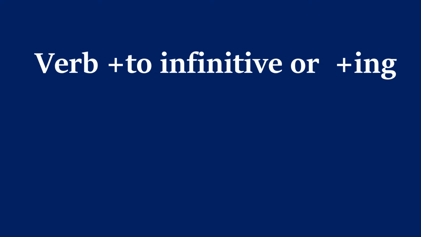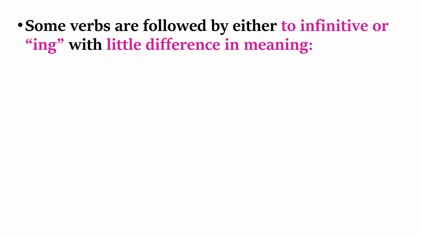Some verbs can be followed by two forms of verbs, infinitive with to and ing form. Some verbs are followed by either to infinitive or ing, with little difference in meaning.